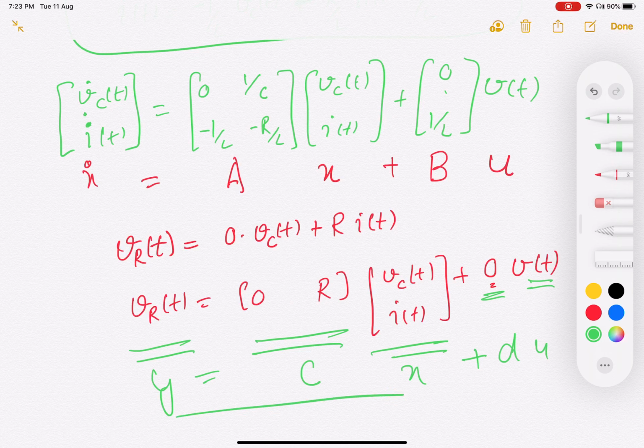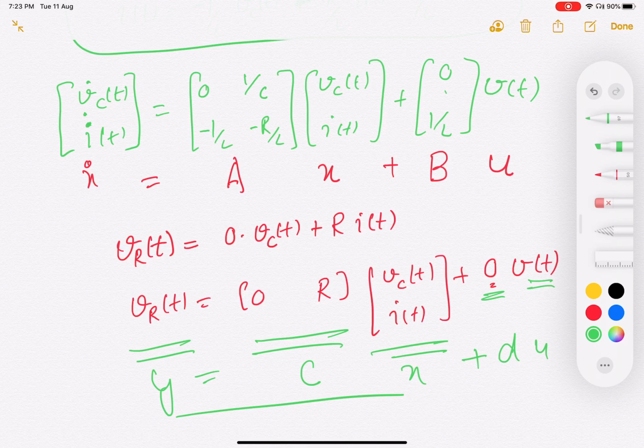So you have the state variable representation for the system, in which you have basically represented the system dynamics in terms of two variables: the capacitor voltage and the inductor current.